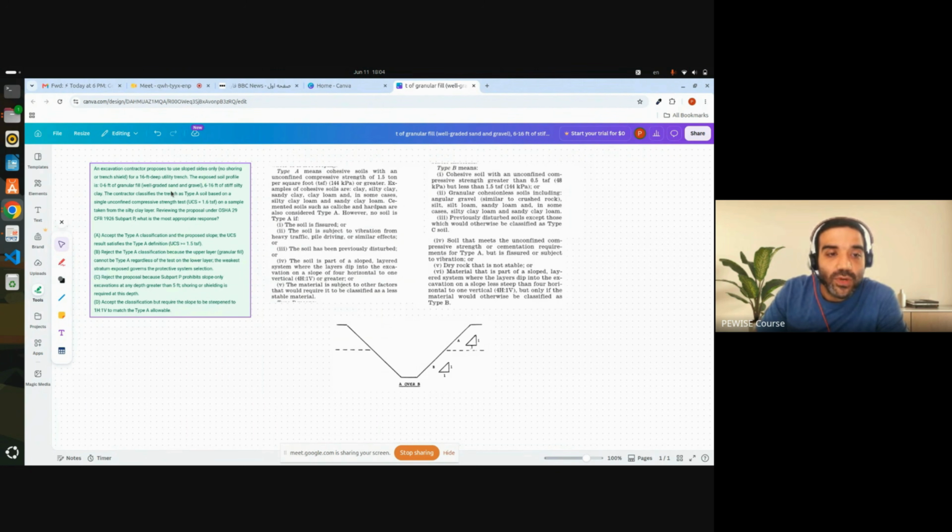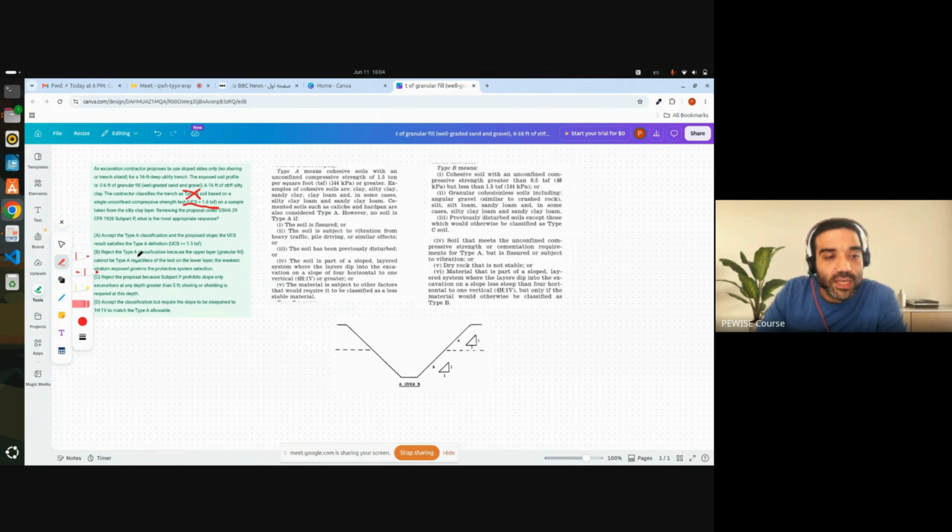And another point is we have the strength. The first part doesn't qualify to be type A. So this design is wrong. It is not type A. Both layers are not type A. The top layer might be type B, and then the bottom layer can be type A because it's both cohesive and it has the strength that qualifies for type A.